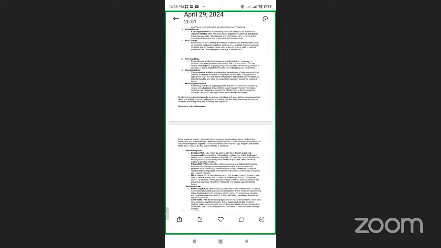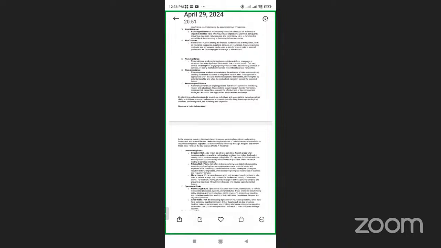So if you intentionally do something, it will result in a huge loss. That is considered to be the moral hazard. So that also comes under the category of underwriting risk. At the time of underwriting, the insurance company can identify the risk to which the proposal is exposed, to which the assets are exposed, to which the individuals are exposed.